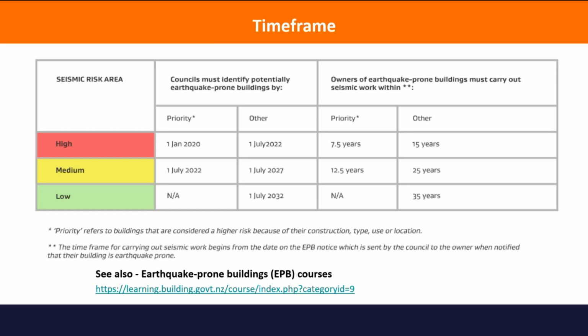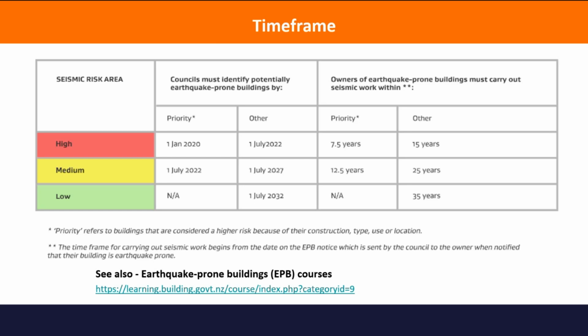So if your modern building risk is 1 in a million or 1 in 10 million, you've got to work it back from that. This is the timetable for when you've got to repair the building. Territorial authorities should have already identified all the earthquake-prone buildings in the high-risk area.